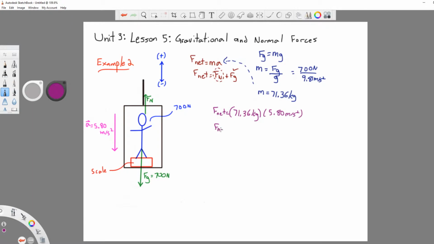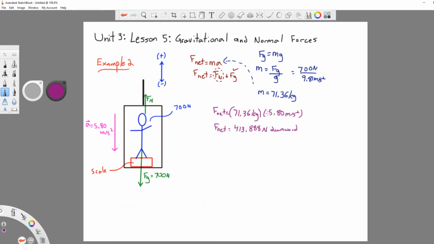So F net here should equal 413.888 newtons. And this acceleration was downward, so I should probably put this as downward as well.